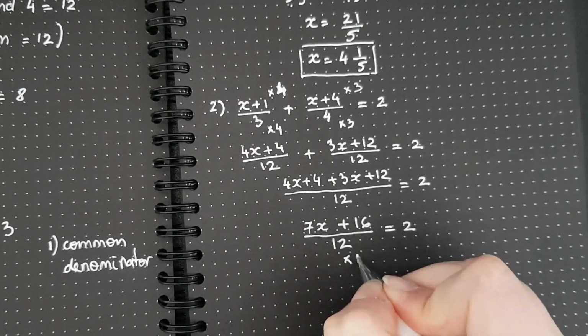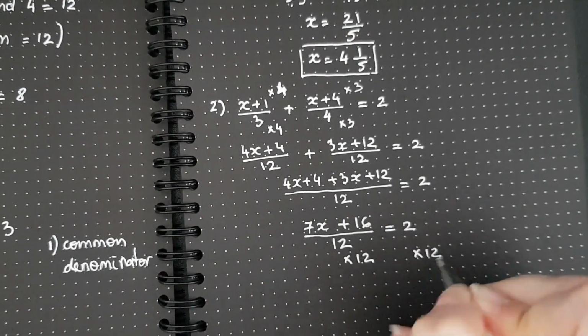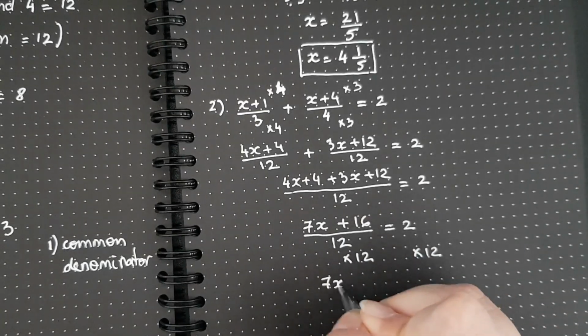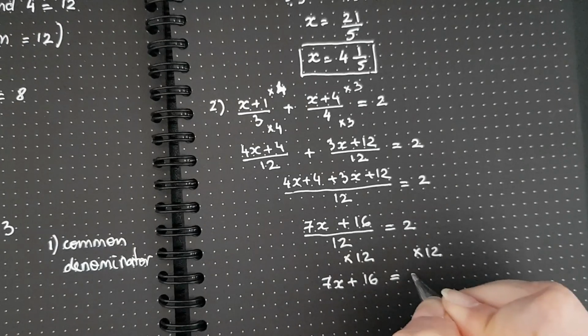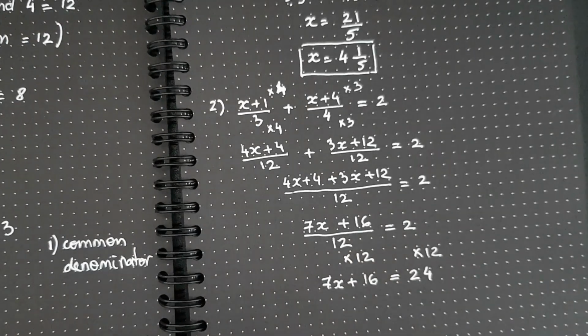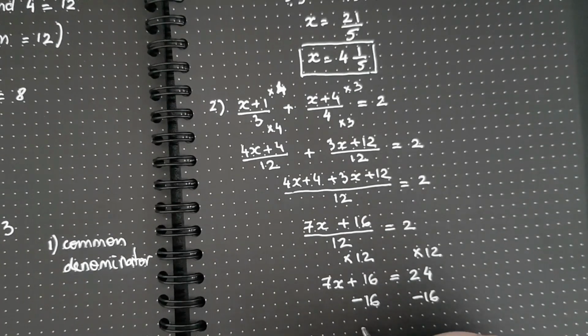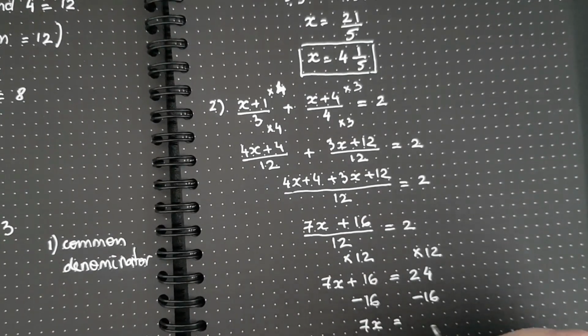Just going to multiply by 12 on both sides, so I don't have a fraction there anymore. So I'm left with 7x plus 16 equals 24. I'm going to take away 16 on both sides. So I've got 7x equals 8.